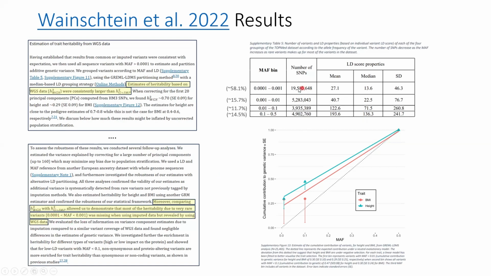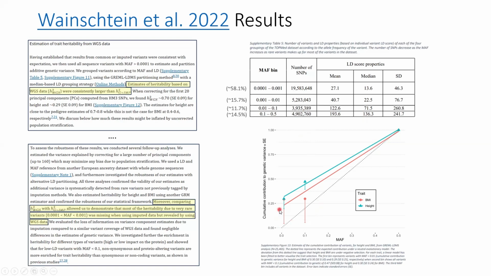In particular, if you look at the supplemental materials, this most rare bin of SNPs makes up more than half the total number of SNPs. And so I don't know how much is being considered in terms of the difference in size of the different bins, in terms of how many variants are within each bin.